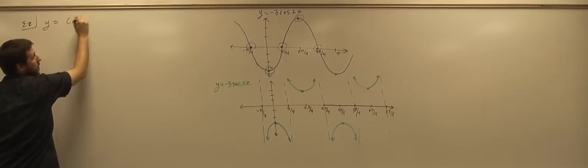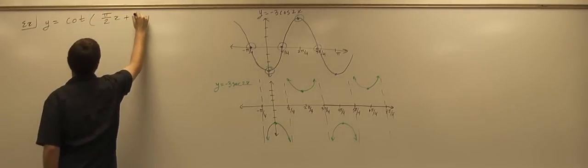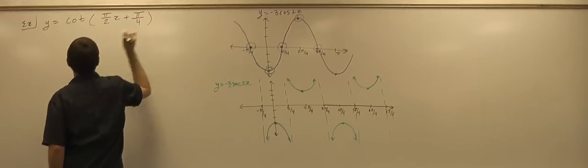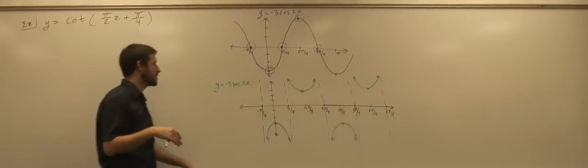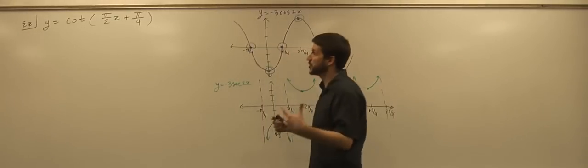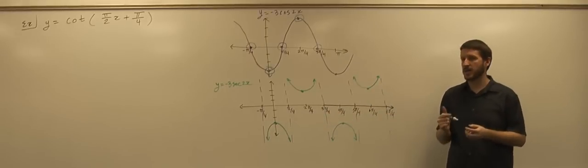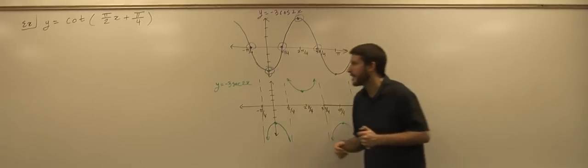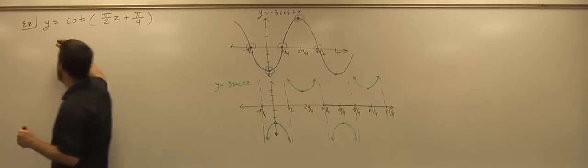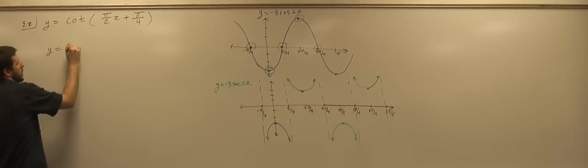So the strategy I've chosen to graph cotangent is to start with the reciprocal and then change all my asymptotes to zeros and so on. So let's start with the reciprocal function.